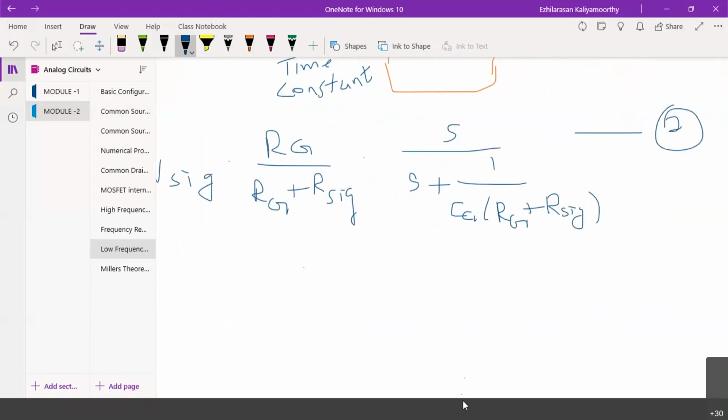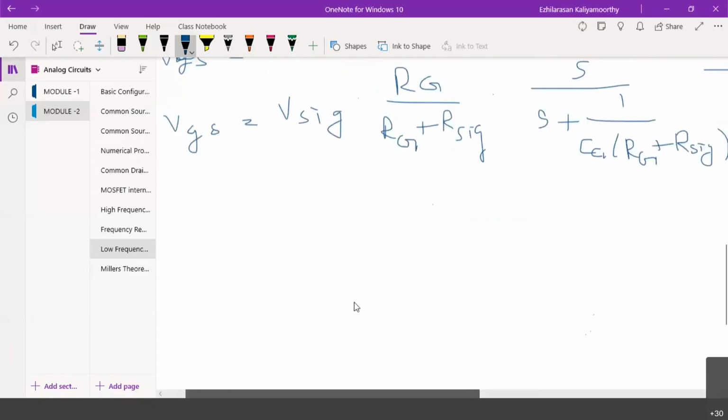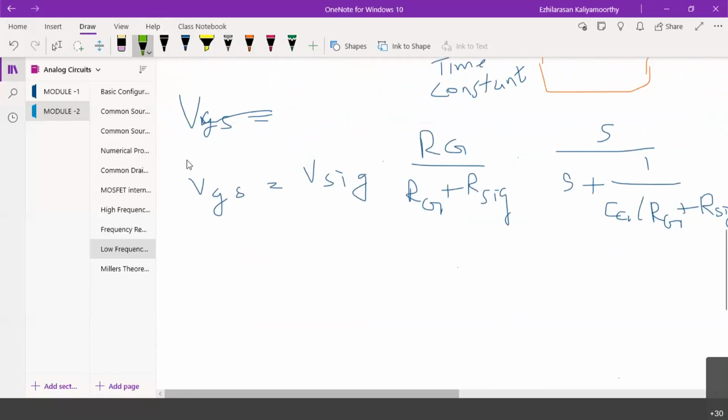See, the above expression we can write as like this.